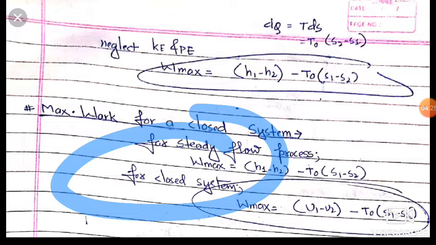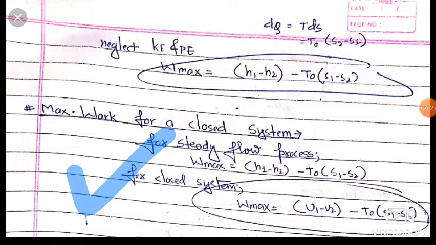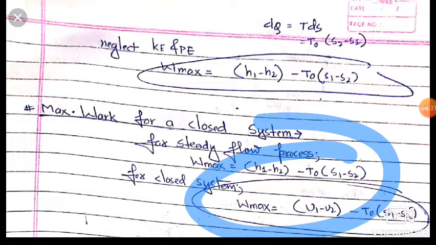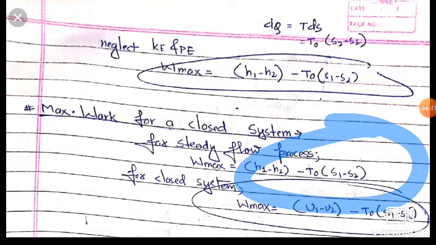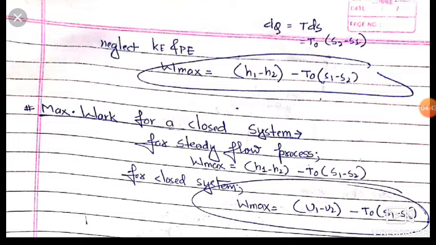If it is a closed system, then the energy associated with the closed system is internal energy, denoted by u. So instead of h1 minus h2, we write u1 minus u2, and T naught (s1 minus s2) is the same. So for a closed system, maximum work is W max is equal to u1 minus u2 minus T naught (s1 minus s2). Okay dear friends.